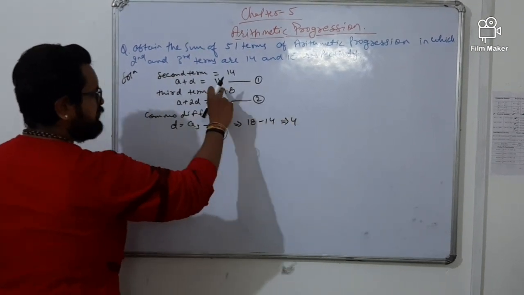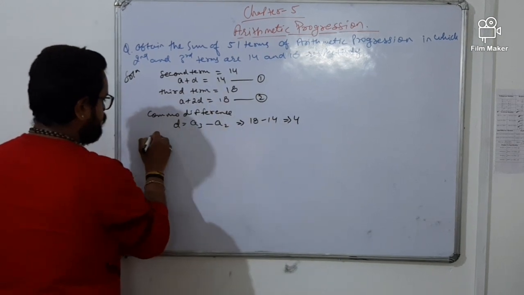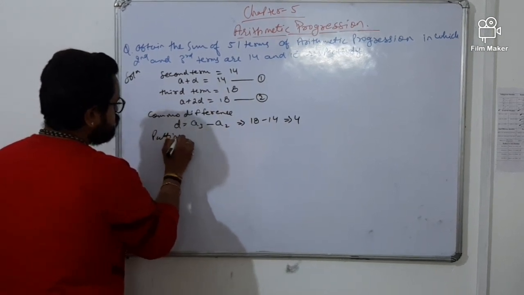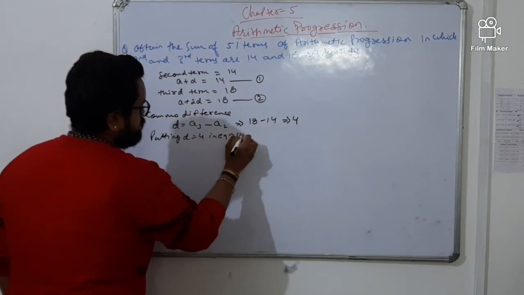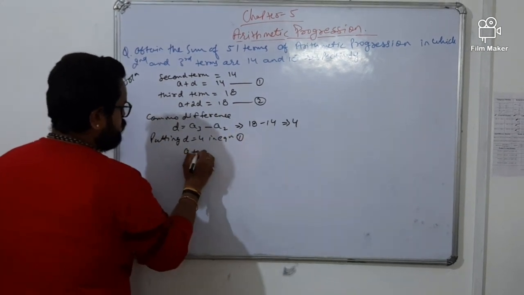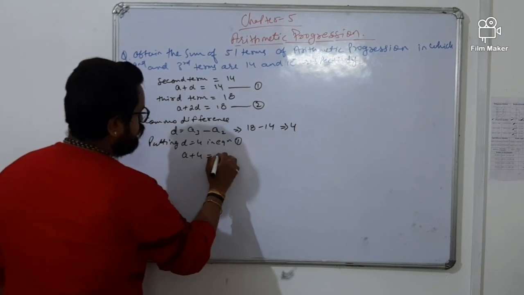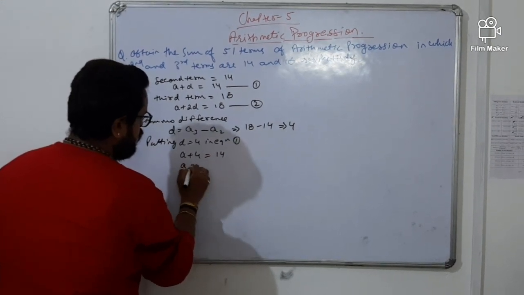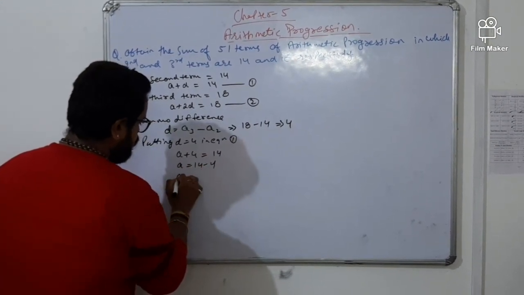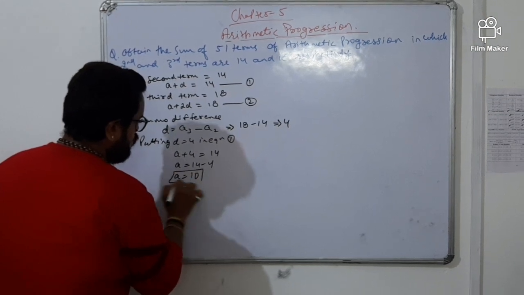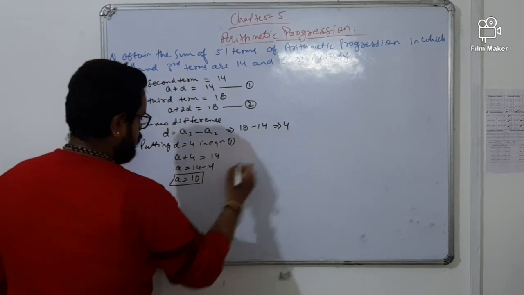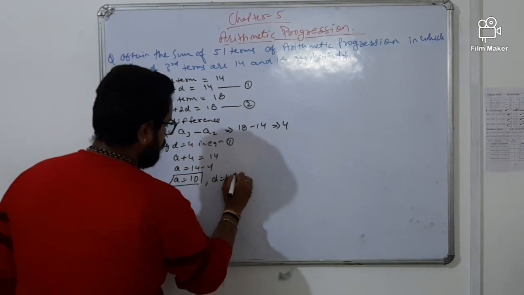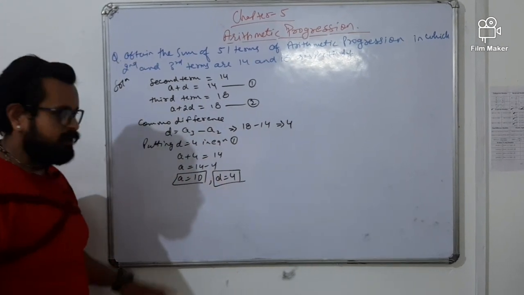Now use this d in either the first or the second equation. Putting d equal to 4 in equation first, a + 4 = 14. So a = 14 - 4, that is a = 10. So here we got the value of a as 10, and the value of d is 4. Both values we got here.